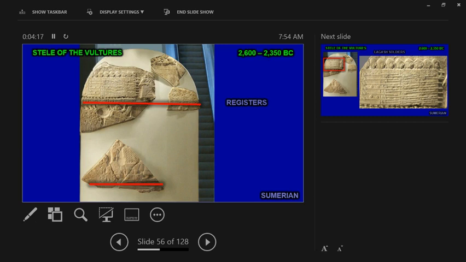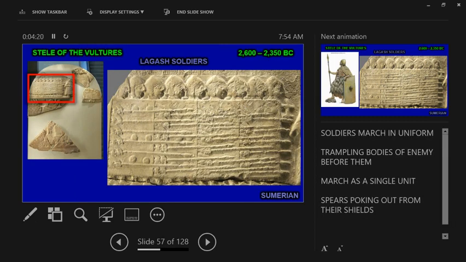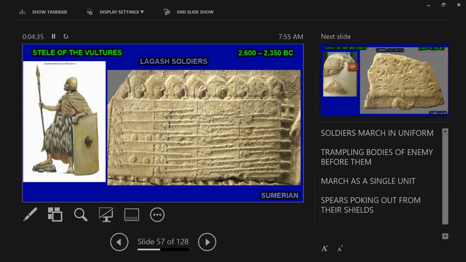And then, like I just described, there we go. There's the soldiers. The soldiers march in uniform, trampling bodies of the enemy before them. They march as a single unit, and the spears are poking out from their shields. And so, this is what historians think that they would have looked like.